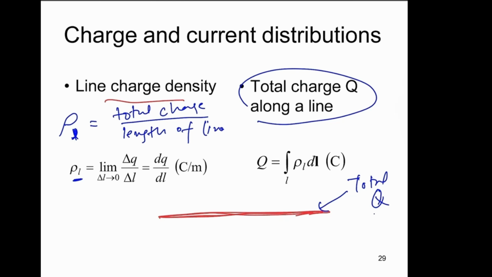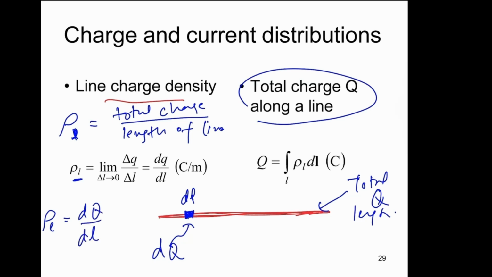Let's consider just a small location. For example, this here, the length is just a small length, and we can consider as dl. And Q will be here as dq. Rho L is equal to dq over dl.